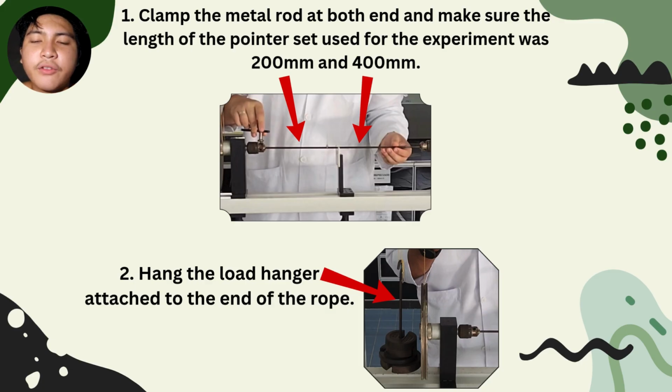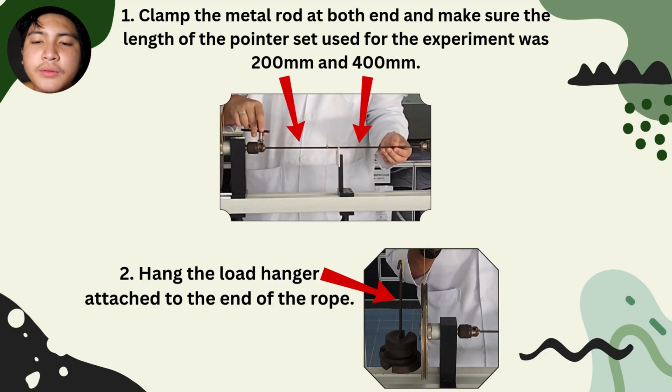The first step for the methodology is to clamp the metal rod at both ends and make sure the length of the pointer set used for the experiment was 200 millimeter and 400 millimeter, as you can see from the diagram.